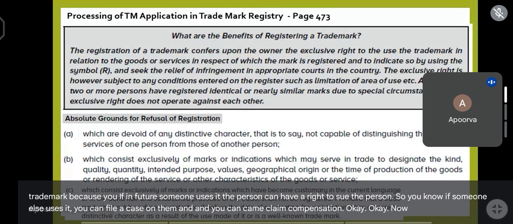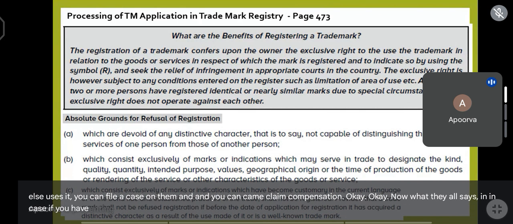Okay, now what they also say is, in case you have registered in a particular area of use, say Lifestyle is registered for apparel. Apparel is nothing but clothing.